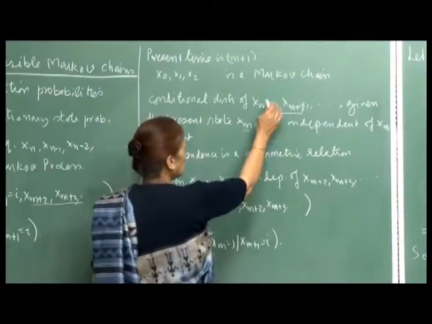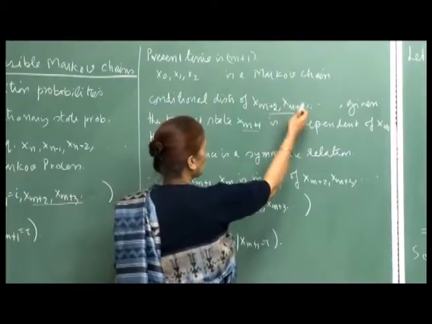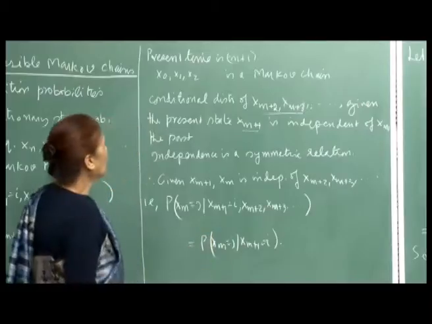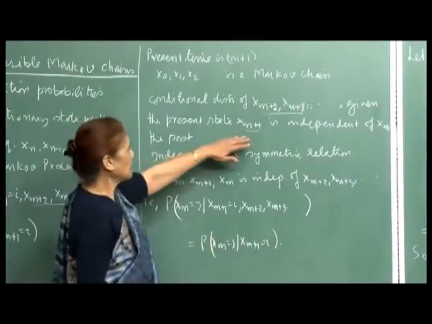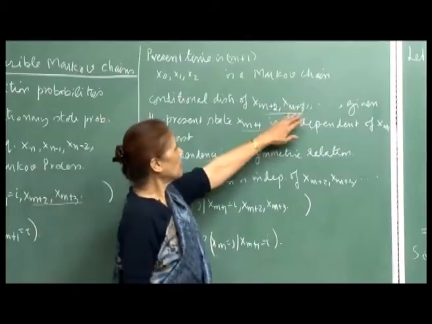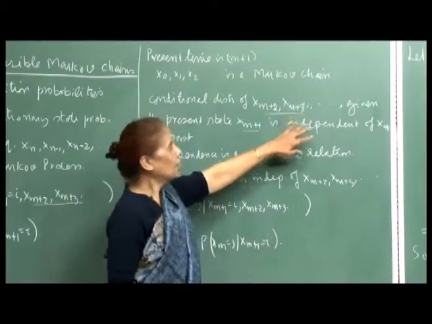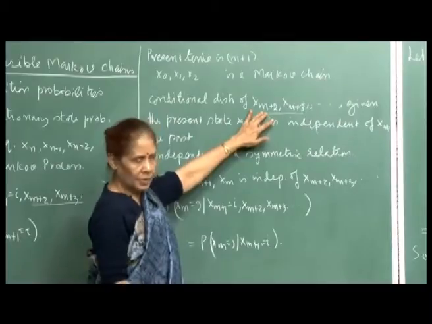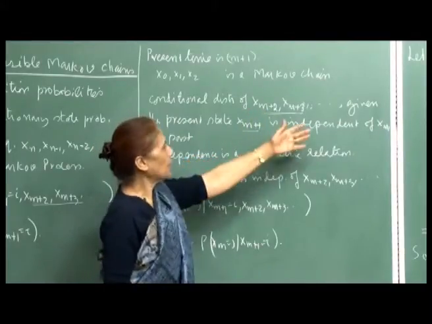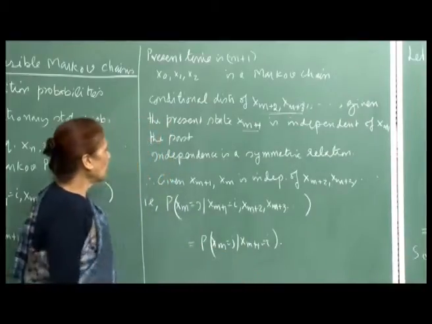So, the conditional distribution of x m plus 2 would depend on the present state, which is x m plus 1, and will be independent of x m. Similarly, the conditional distribution of x m plus 3 will depend on the state occupied at time m plus 2, and so it will be independent of x m plus 1 and x m, and so on.